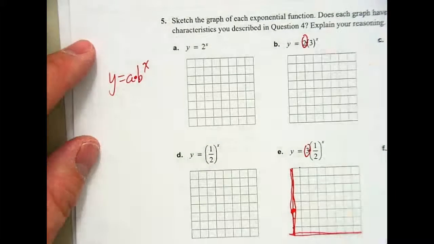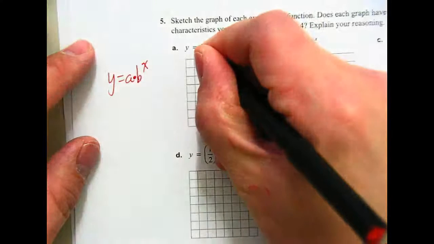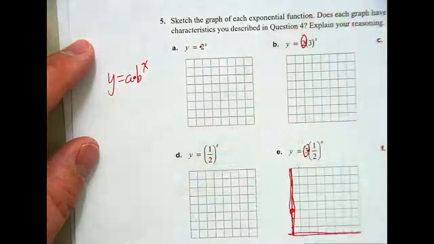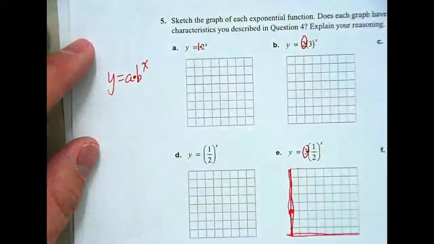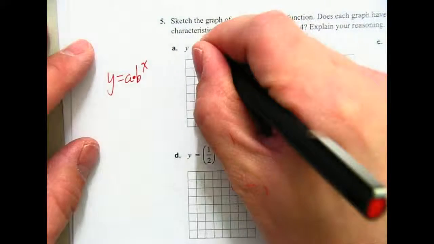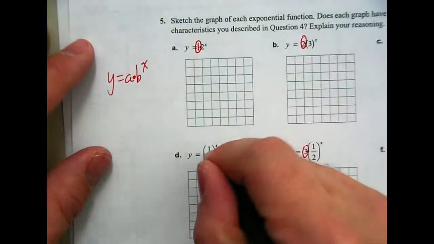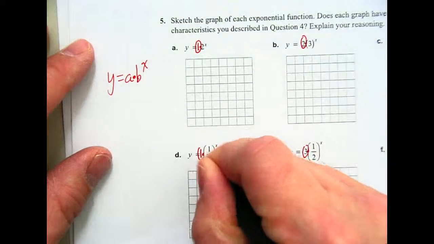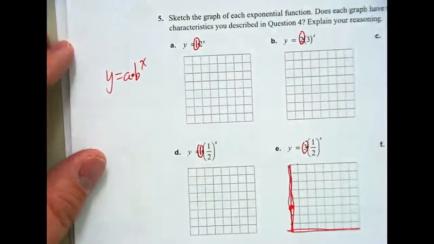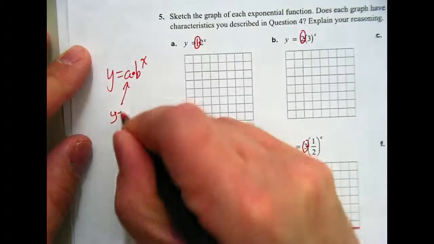Okay, so a lot of us circled 2 here. What are you multiplying 2 by? Yeah, by 1. Okay, so if you don't see a number there, then your y-intercept is actually 1. If you don't see a number here, your y-intercept is 1. Okay? The a is your y-intercept.